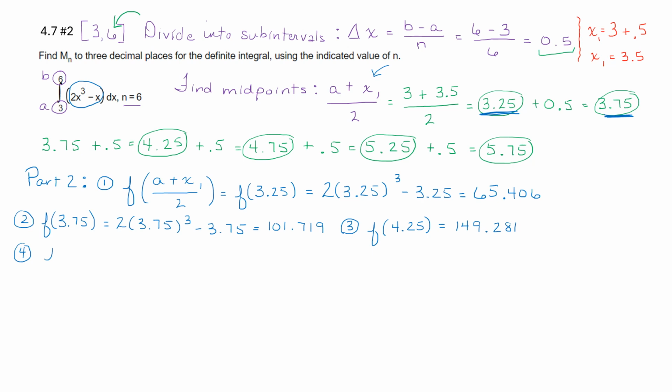Our fourth one, we're going to plug in f of 4.75. And when you plug and chug that, rounding it to 3, you'll get 209.594. For the fifth, we're plugging in the 5.25.